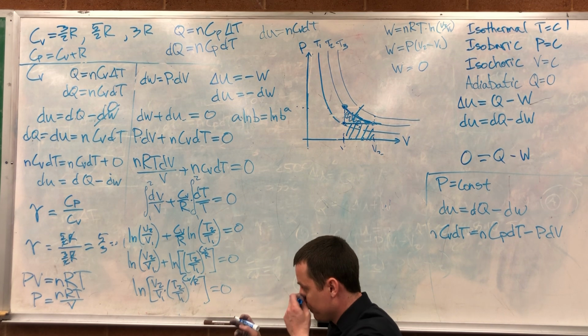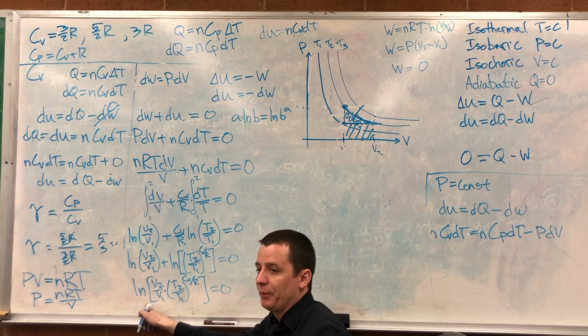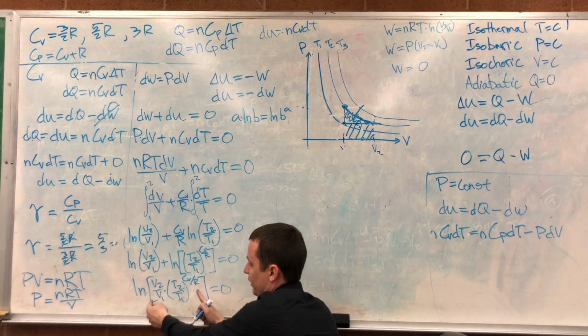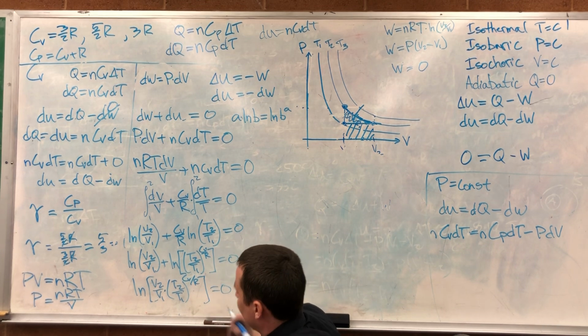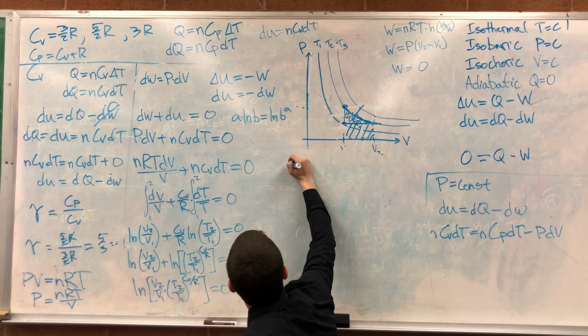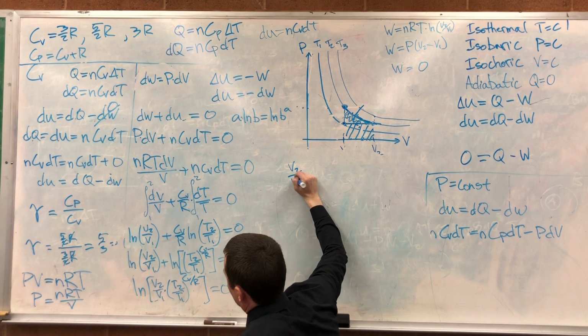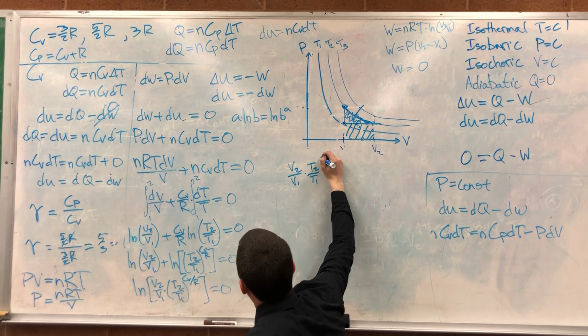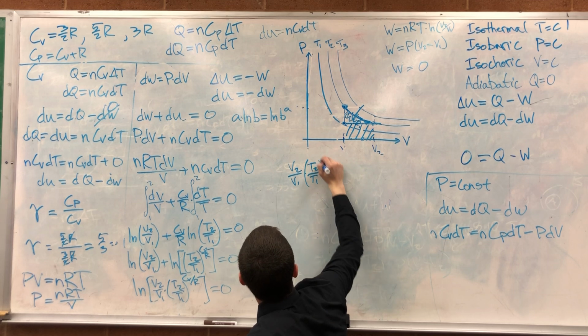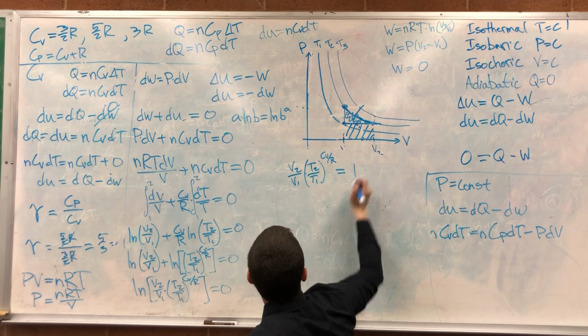Oh, right. You're right. So e to the power of 0 has to equal this whole thing. But e to the power of 0 is always 1, so everything inside the log has to equal 1. So we get V2 over V1 times T2 over T1, this one to the CV over R, is equal to 1.